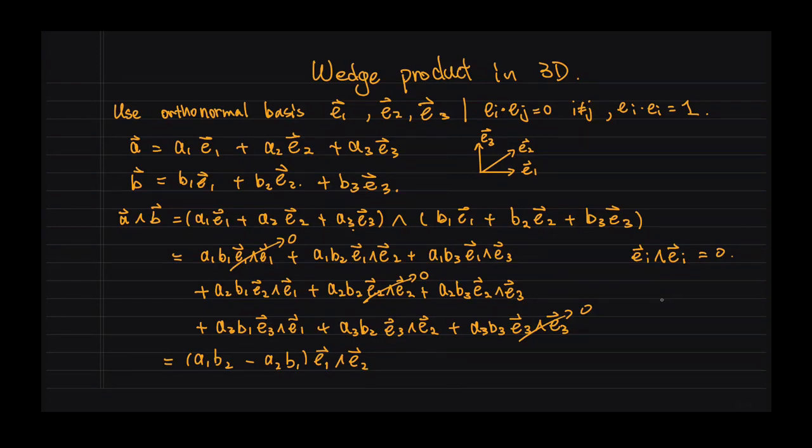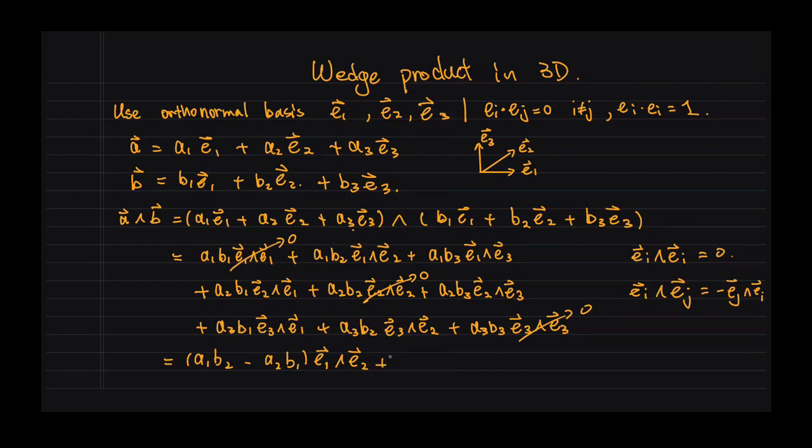We need to remember why we can write it like this: it is because E_i wedge E_j is equal to minus E_j wedge E_i. So remember this rule. Do you remember this rule from the beginning of this video? So that's the reason we can do that.